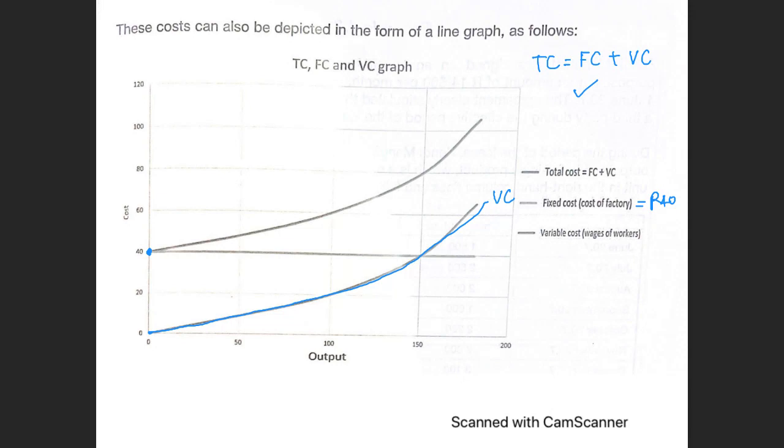And then anything above that is the variable portion. So this is the 40 that's fixed, plus then anything that you produce over and above that 40 Rand, that would be the variable component.